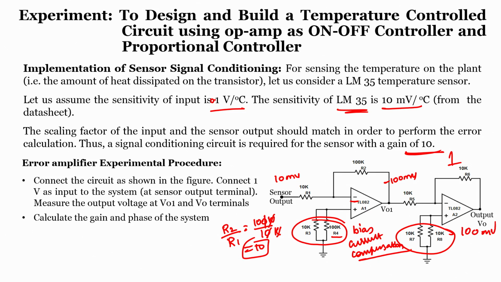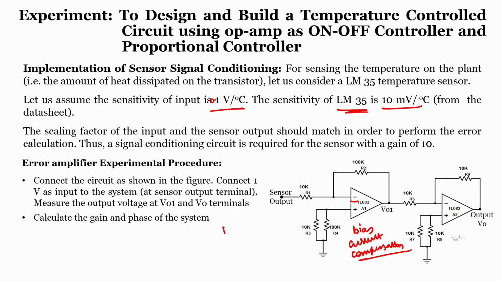Now we will see whether it is giving us a gain of 10 or not. For that, first I will take the sensor input as 1 volt, right. Since the gain is 10, we will go with millivolts itself. I will take 100 milli.